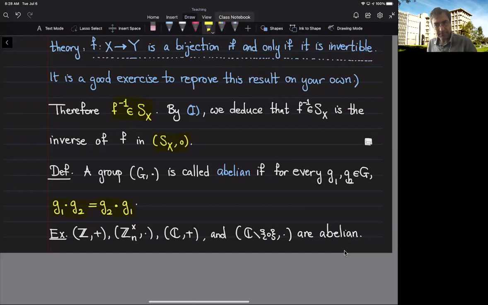Abel was a mathematician who was studying zeros of polynomials, and he observed that if the symmetries of the system of numbers that comes out of zeros of a given polynomial are abelian, then you can actually solve that polynomial equation using radicals, addition, subtraction, multiplication, and division.